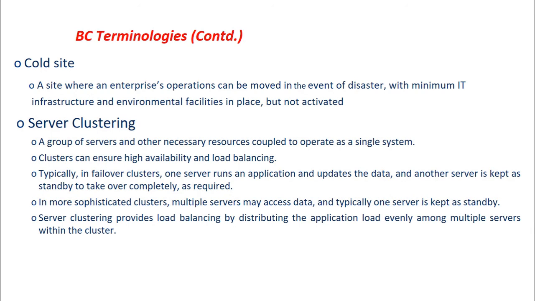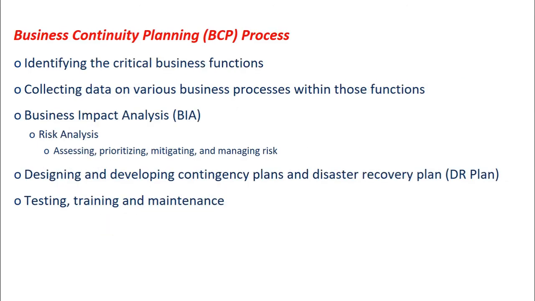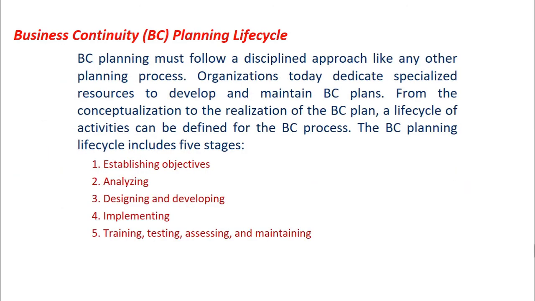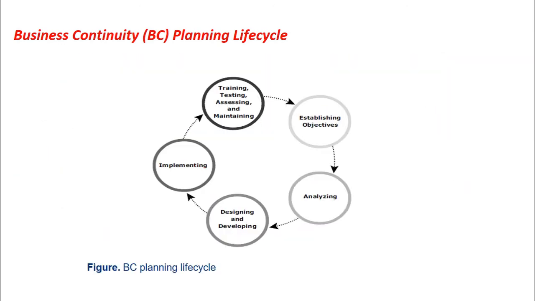Then we discussed server clustering, which is a group of servers and other necessary resources coupled to operate as a single system. Clusters can ensure high availability and load balancing. So this is what we have discussed, and then we discussed the business continuity planning process and the business continuity planning life cycle.